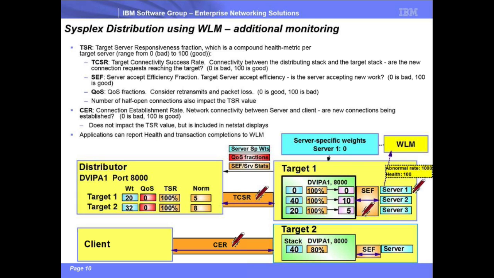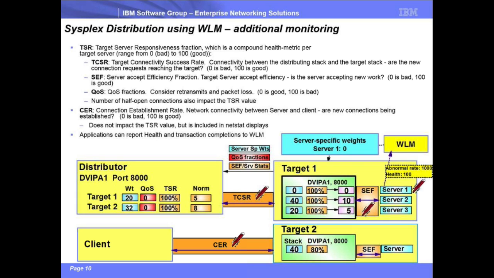And that's basically saying, as the distributor routes connections to target 1, for instance, are the connections being received on target 1? So again, because we use XCF messaging, as a new connection is established, target 1 tells the distributor that the connection made it to target 1, and that causes an update of that target connectivity success rate.